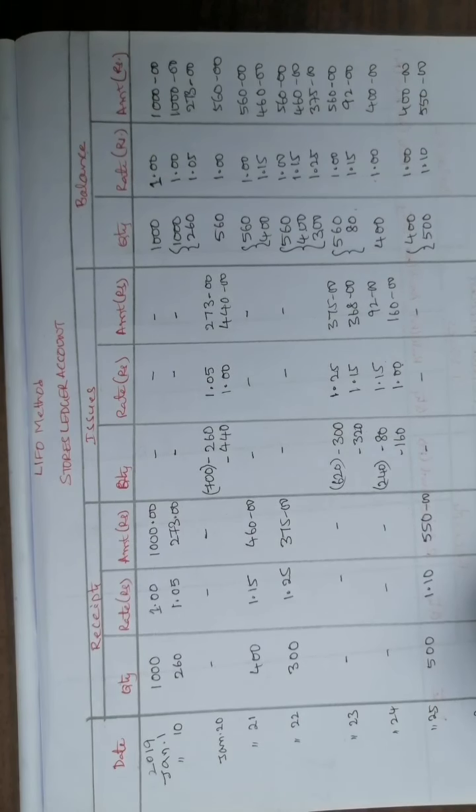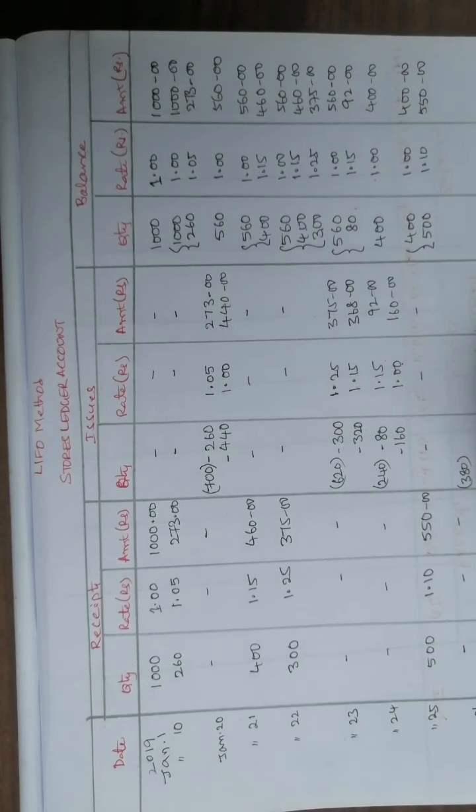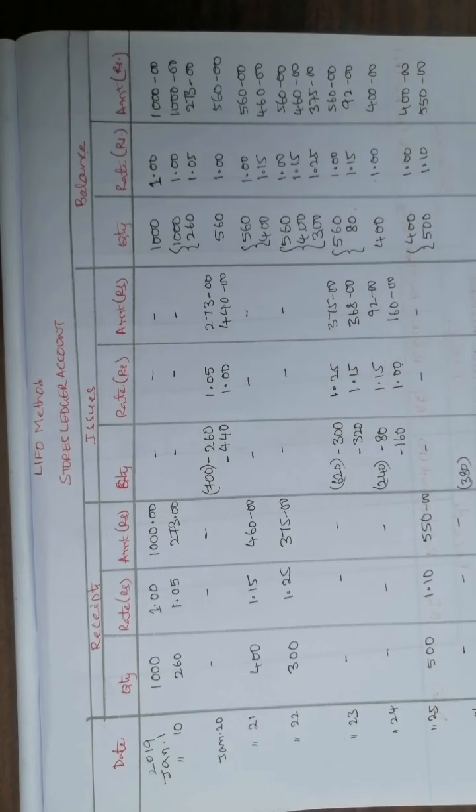And the last transaction is January 26th. On January 26th there are no receipts, but there is an issue of 380 units. You have to check whether they are available in the last lot. 380 is available in the 500, so no need to split, directly take 380 as it is.